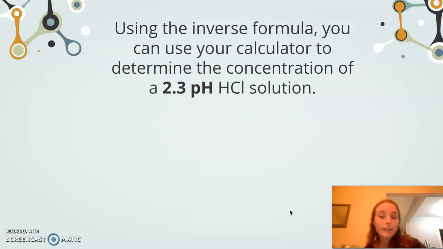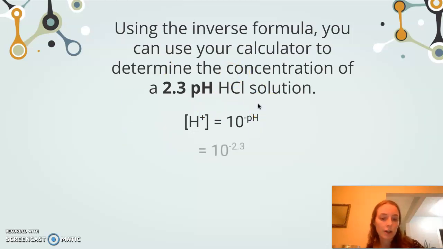We could also be given the pH and then find what was the original concentration. Well, we can use the inverse formula to determine the concentration of something. So if we want to find the concentration of a 2.3 pH solution, we would do 10 to the negative pH. So this is the inverse log, if you remember from math, but I would give you this equation.